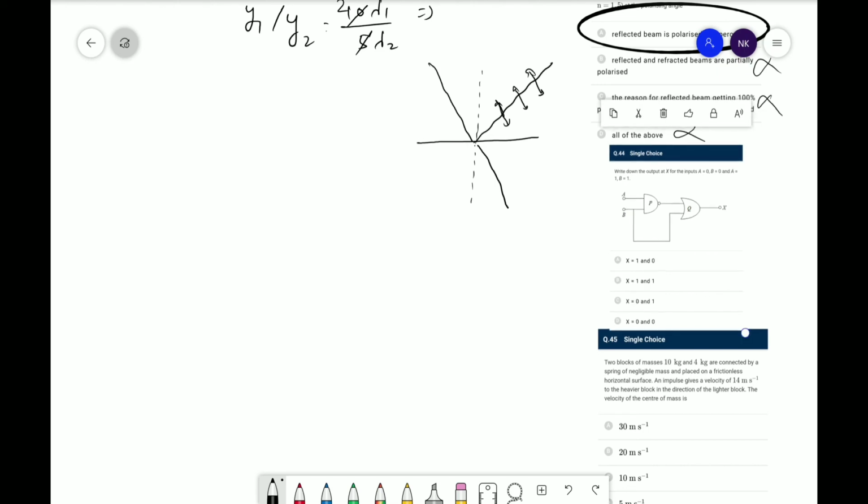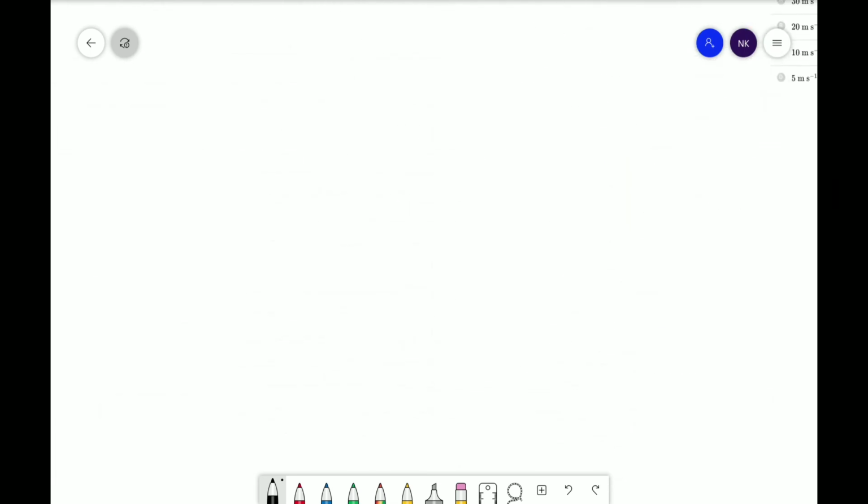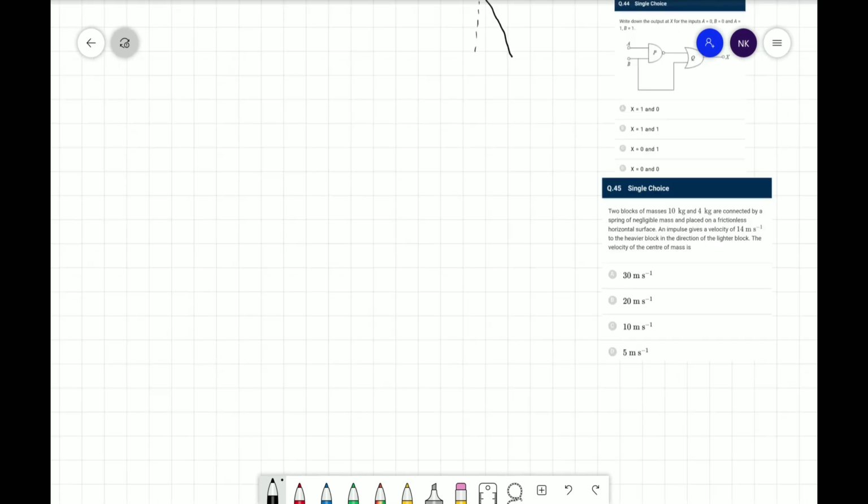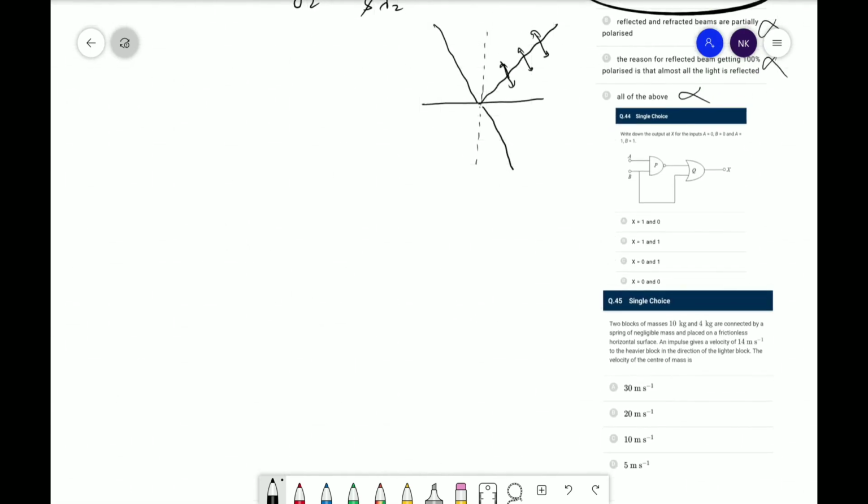Look here, this one is the AND gate, and here a NOT gate is added, therefore this one is a NAND gate. In the NAND gate, X is equal to A dot B bar. Therefore the output here is A dot B bar.